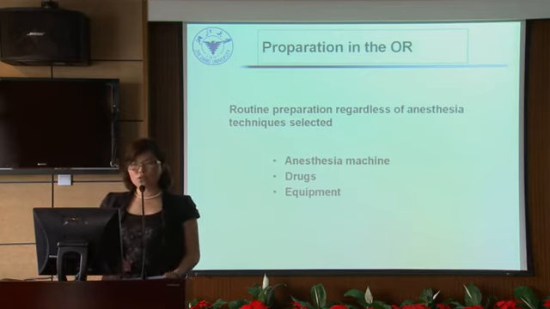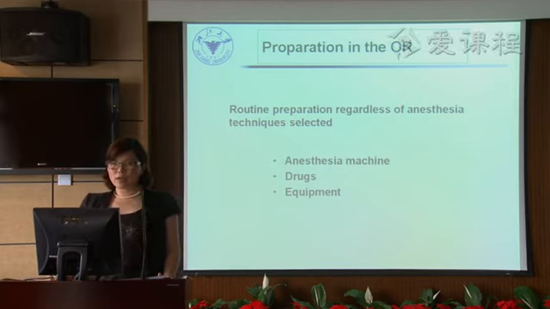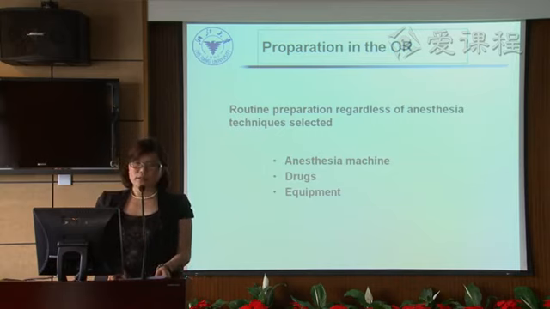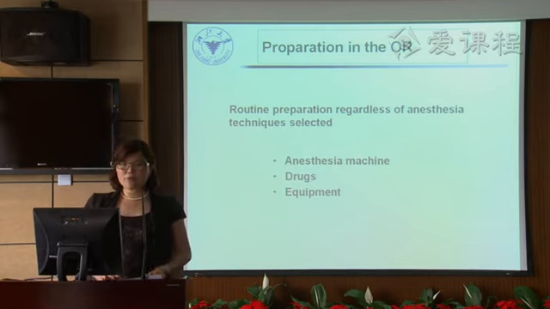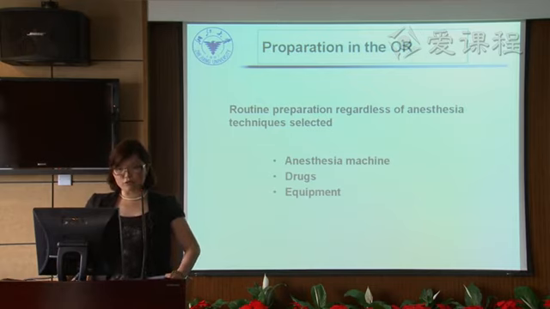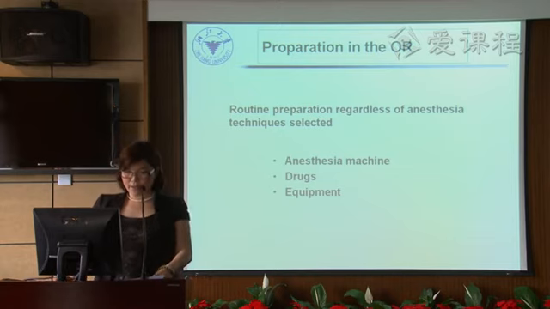Okay, now we have gone through the review of the history and systems of the patient, discussed with the patient, gotten consent from the patient, and made the management strategy for the individual patient. Now, before the start of the anesthesia, one step we should do is preparation in the OR, in the operating theater.